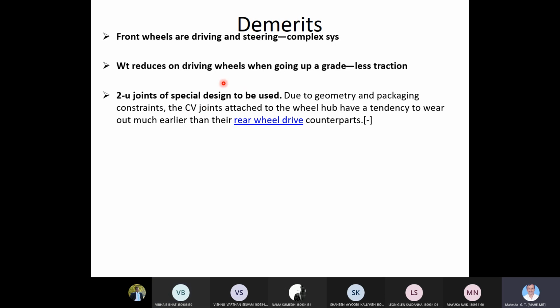These are the minus points. All these are negatives, demerits, when compared to the other type of layouts.